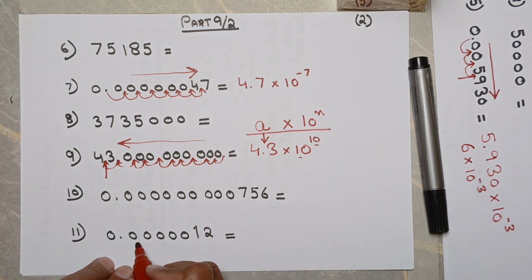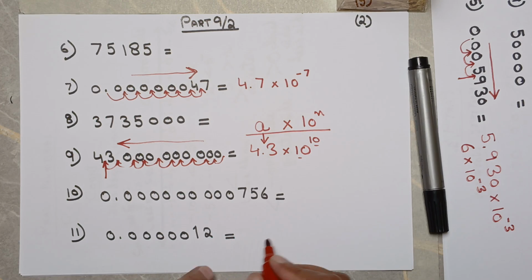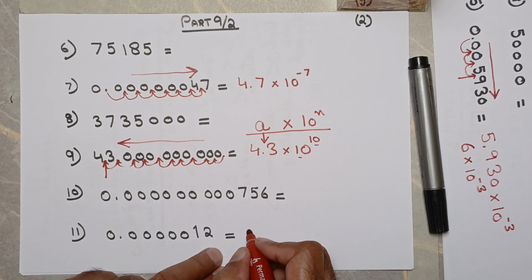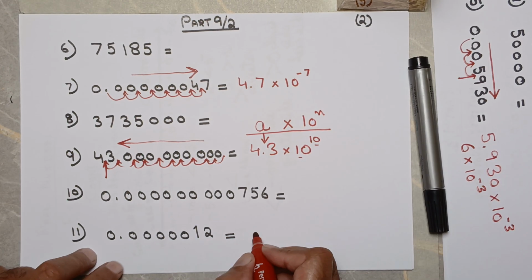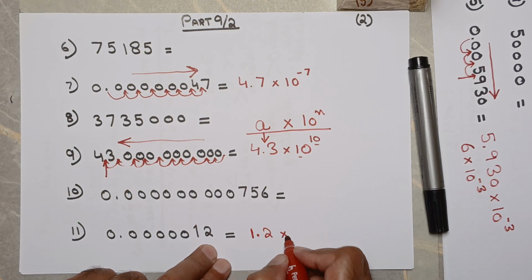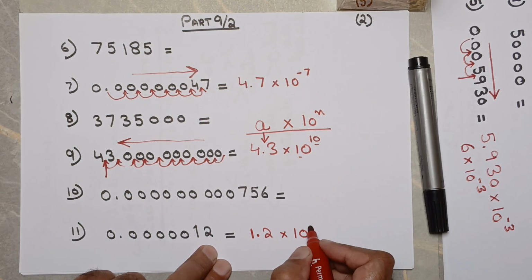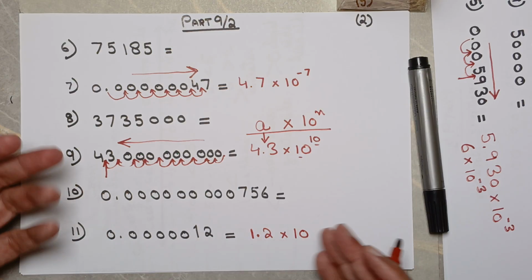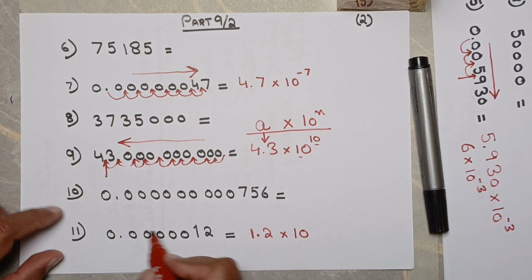So here it is 0.0000012. What I am going to do is first write it as 1.2 multiplied by 10. And now I have to see the exponent, how many places the decimal is moved towards the right.